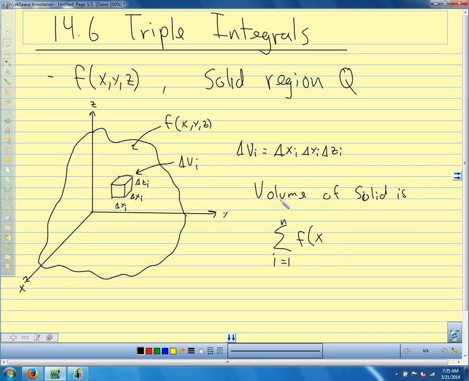If we just form the sum of delta x sub i, delta y sub i, delta z sub i, we would get the volume. And if we take the limit as delta v sub i approaches 0, and again, being a little loose with that definition, what we're saying is the length of the longest diagonal in these little solids approaches 0. So in essence, we're saying delta v sub i goes to 0.